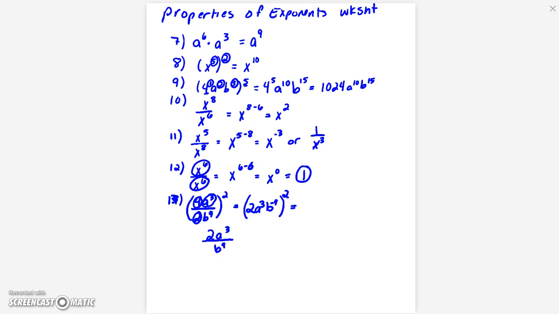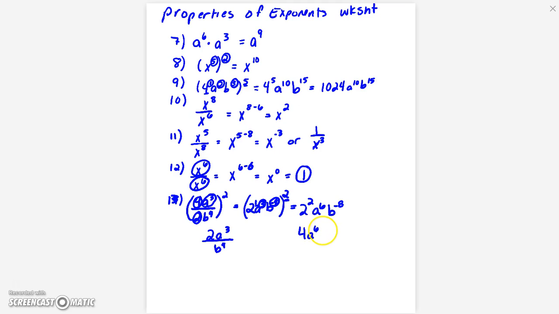So when we square this, remember the 2 has an exponent of 1. So that's going to be 2 to the 1 times 2, so it's going to be 2 squared. My a, I need to take that 3 and multiply it by 2, so a to the 6th power. And my b, I need to take this negative 4 and multiply it by 2, and I get negative 8. You could reduce it a little bit more. 2 squared is obviously 4.